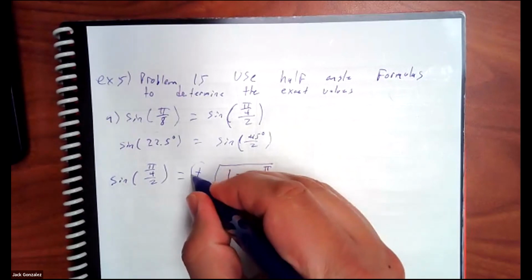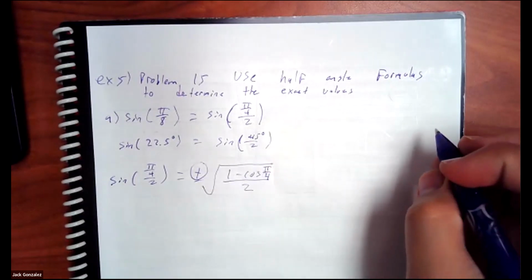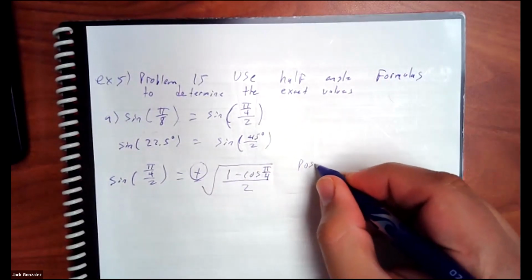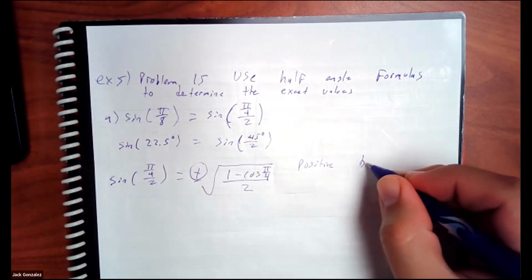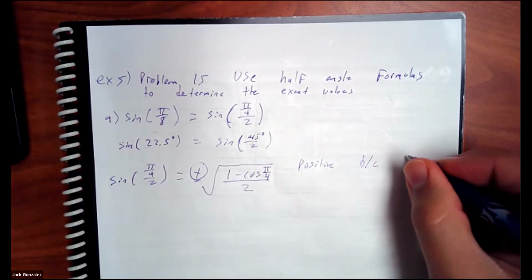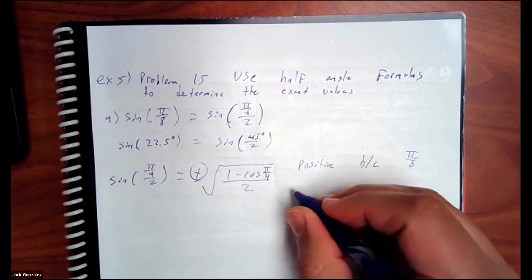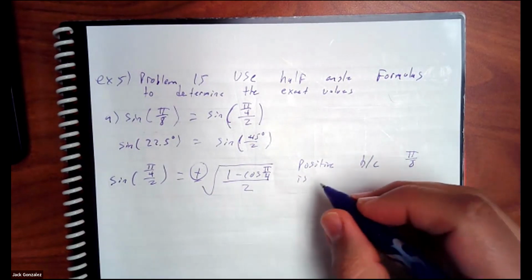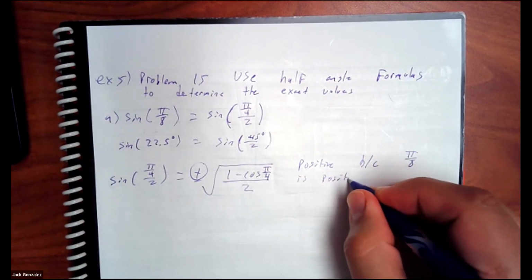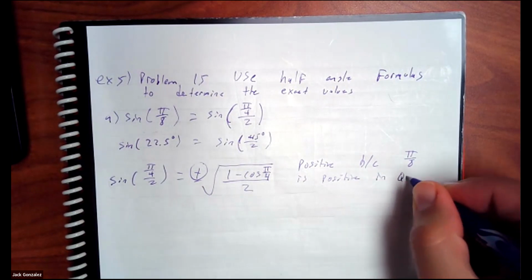So we will choose plus. Positive because pi over 8 is positive in quadrant 1.